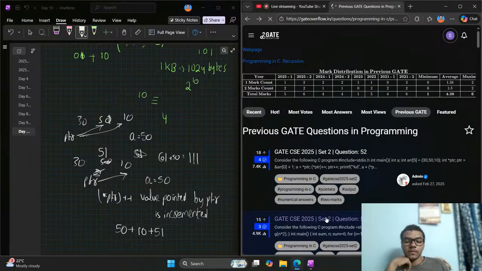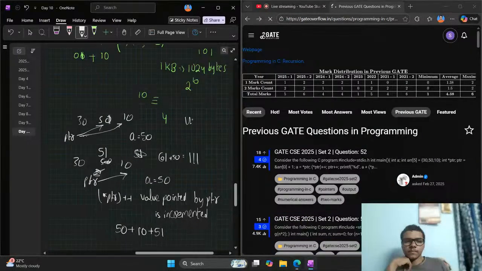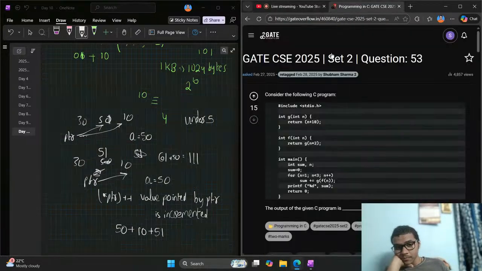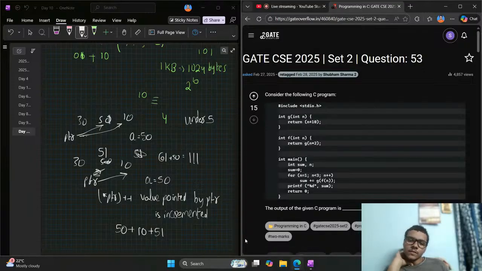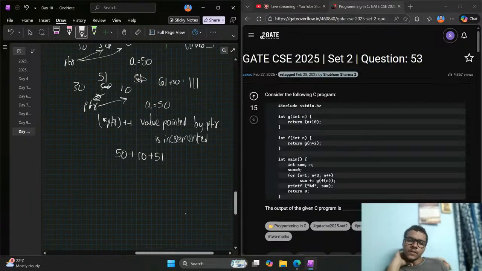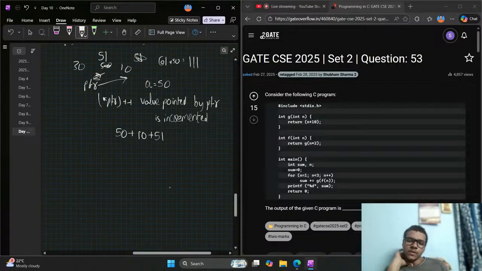Under 5 minutes that was solved. So g is a function that returns n plus 10. F is a function that returns g of n plus 2, n times 2. So n is equal to 1 and less than 3. Sum is equal to g of f of n.